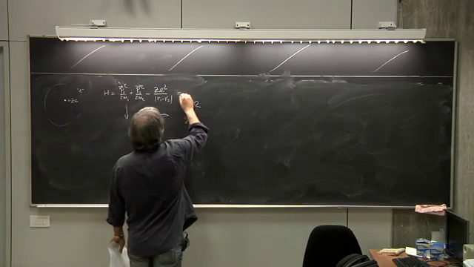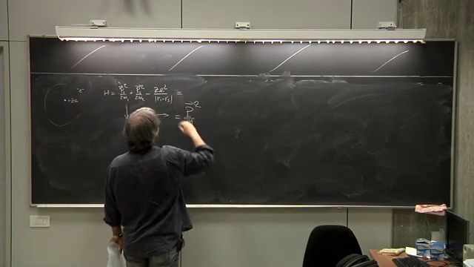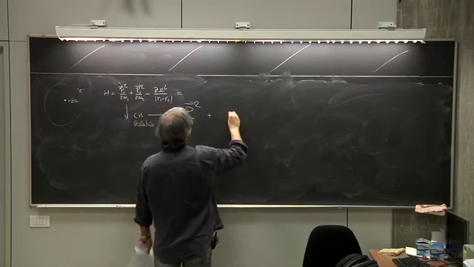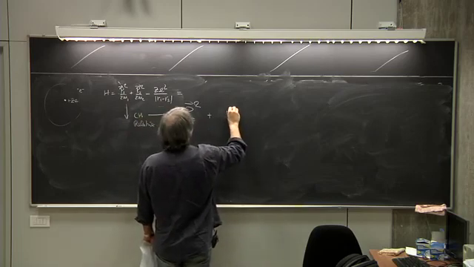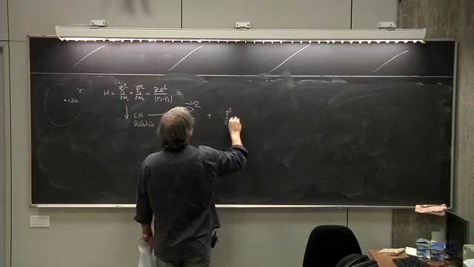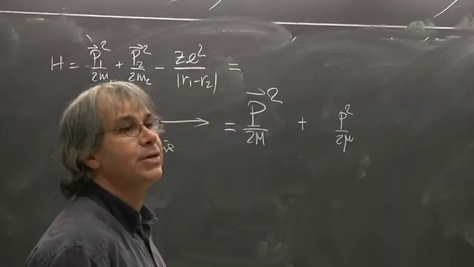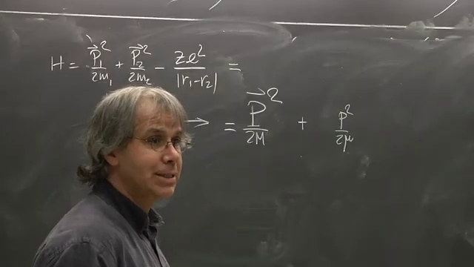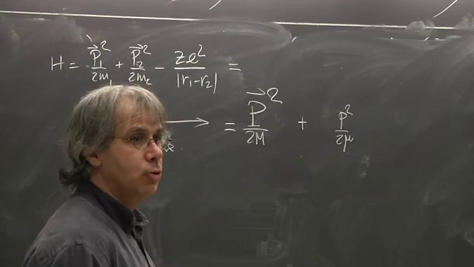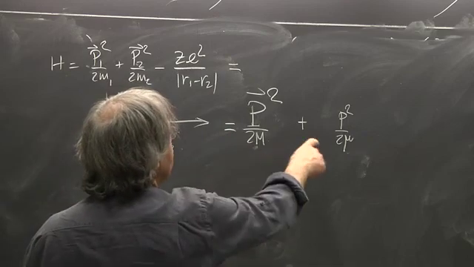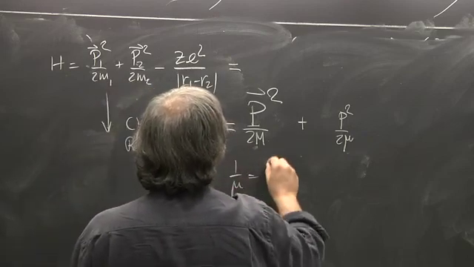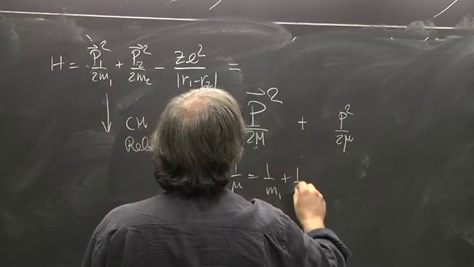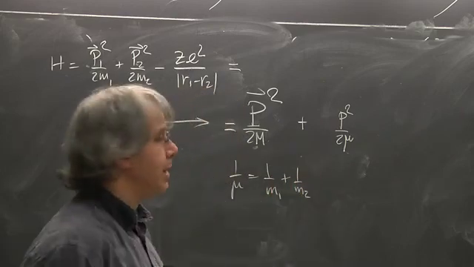So I'm writing the Hamiltonian as the center of mass part, plus the relative momentum squared divided by twice the reduced mass. Remember, in the classical two-body problem, you introduce a total mass and a reduced mass in this way. Exactly in the same way you do here.